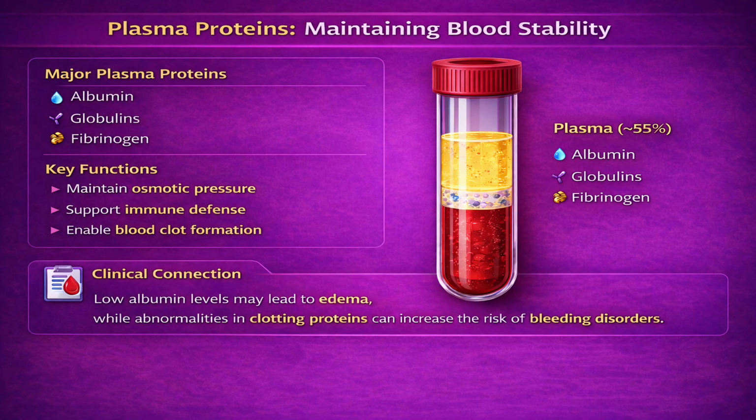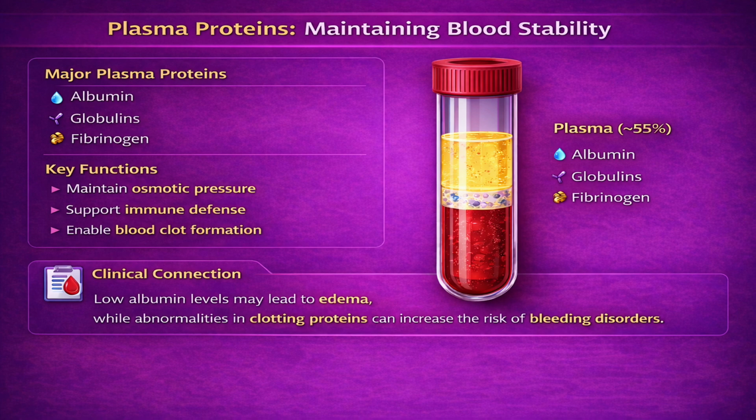Although plasma is composed mostly of water, its most important dissolved components are plasma proteins. These proteins play essential roles in maintaining the stability and proper function of the circulatory system. The most abundant plasma protein is albumin, which is responsible for maintaining colloid osmotic pressure within the bloodstream.